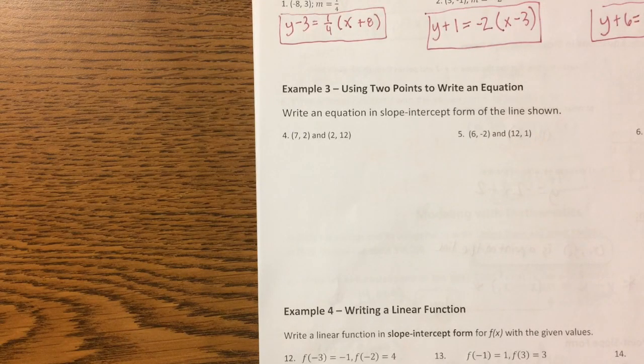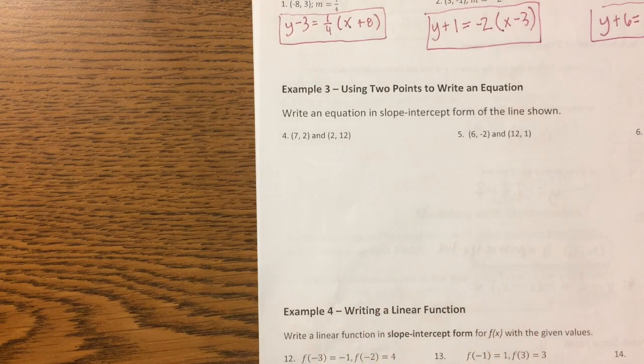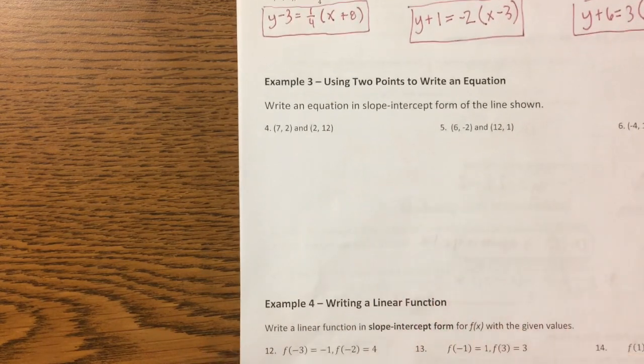So I want to write an equation just like I did in the problems in example 2. But I'm just given 2 points. I'm not given the slope. So what do you suppose we need to do first? Like if I'm trying to write an equation in this form, what's the one thing that's not given in question 4?